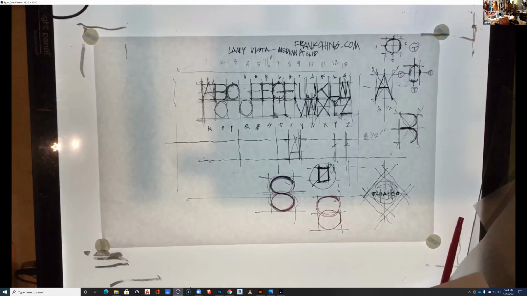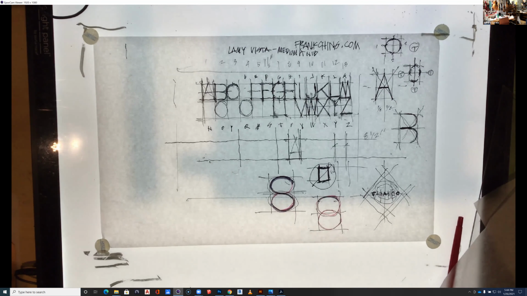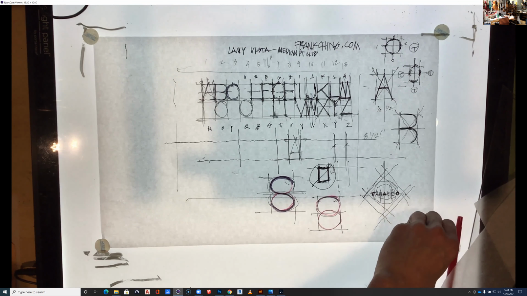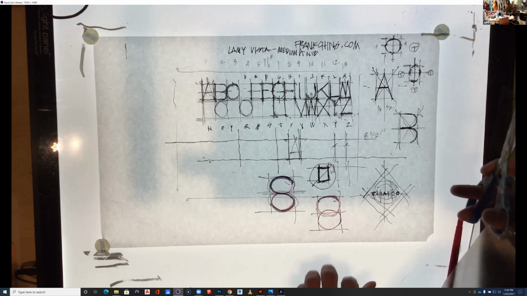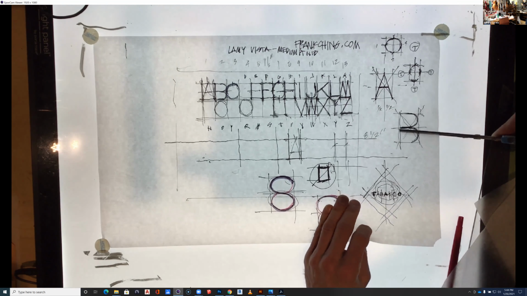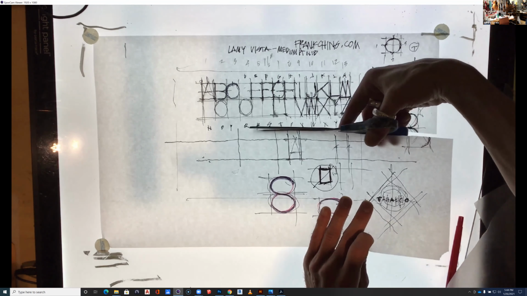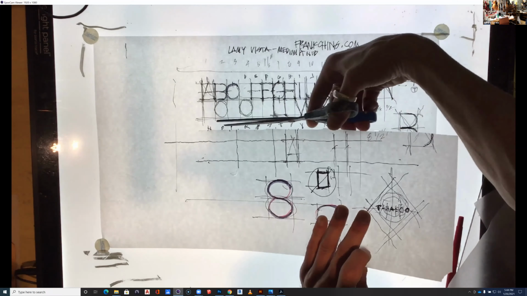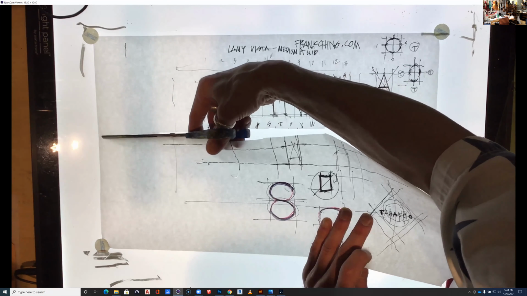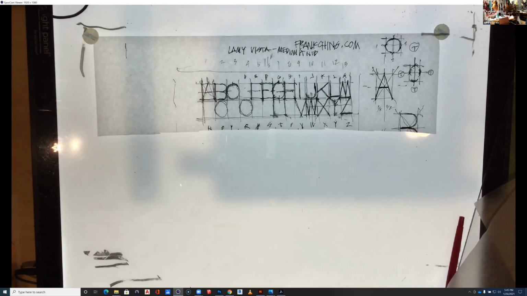We need a more drastic measure. Don't try this at home, even though I'm doing this at home. It'll work. Okay.